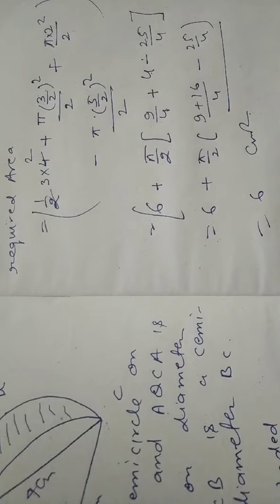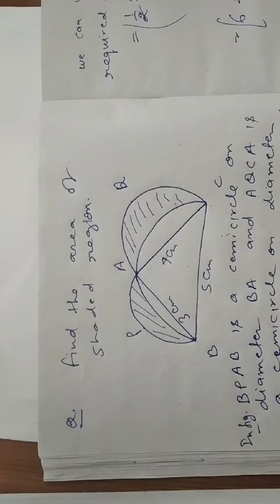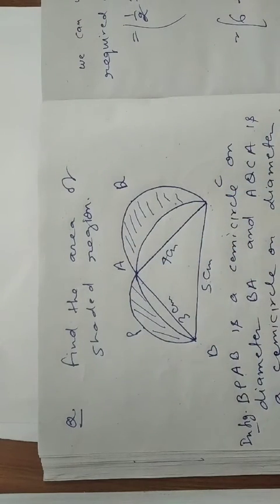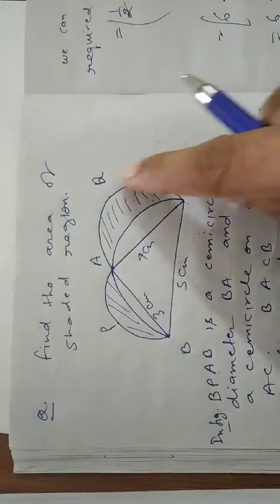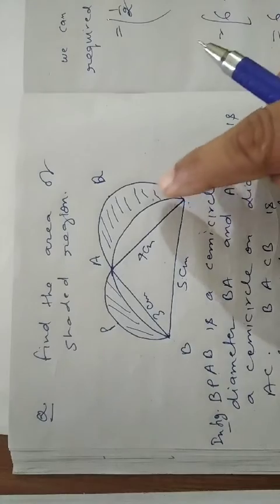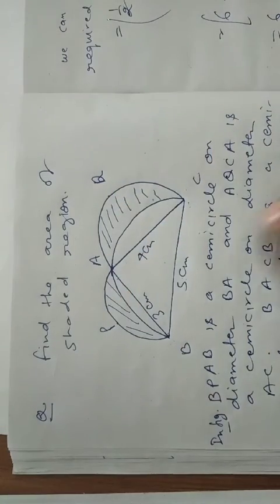Dear students, in the figure there are 3 semicircles on the 3 sides of a right angle triangle, and the shaded region is shown in the figure. We have to find the area of the shaded region.